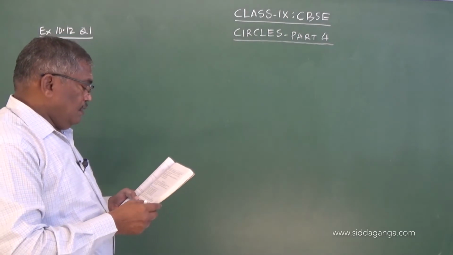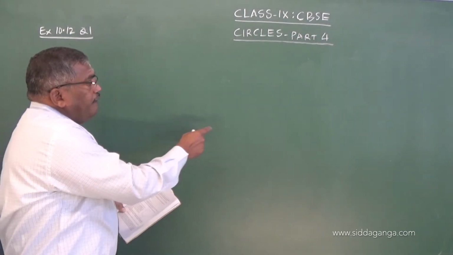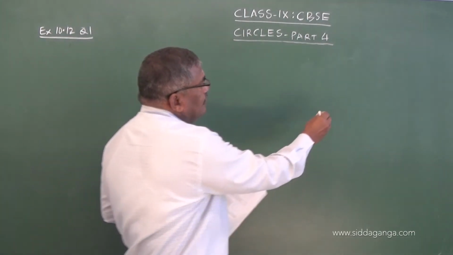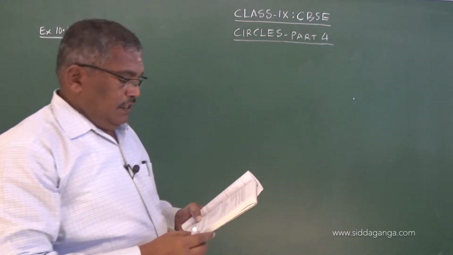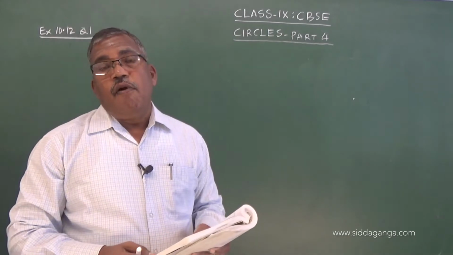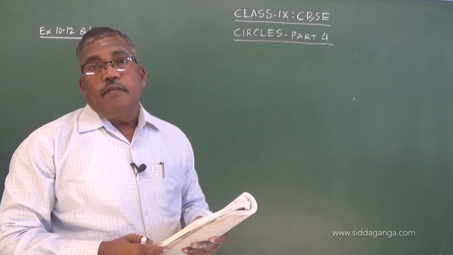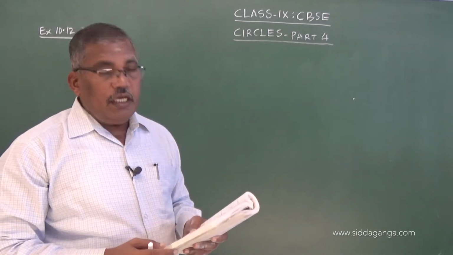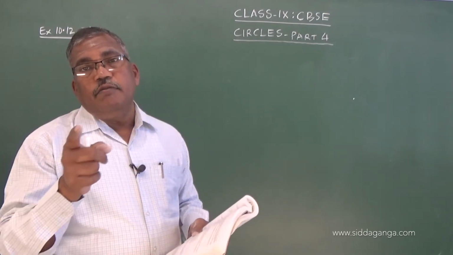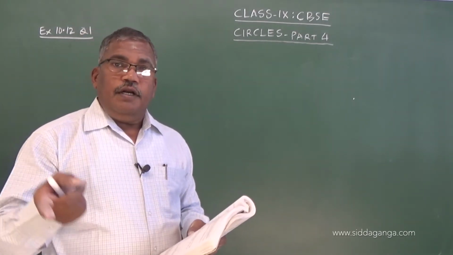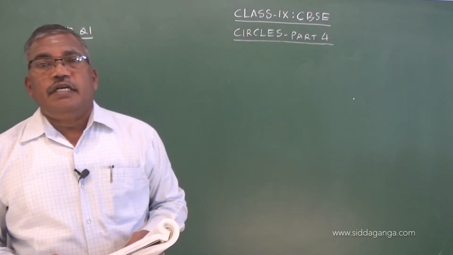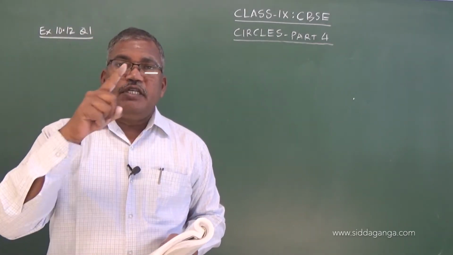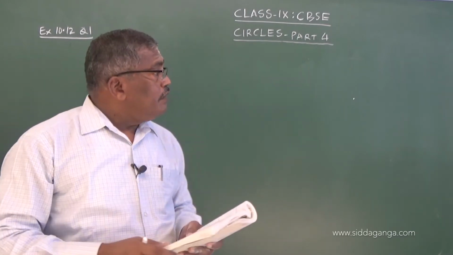So if we have two circles with the same radii, that means the radius will be the same, and both the shape and the size of the circles will be equal.